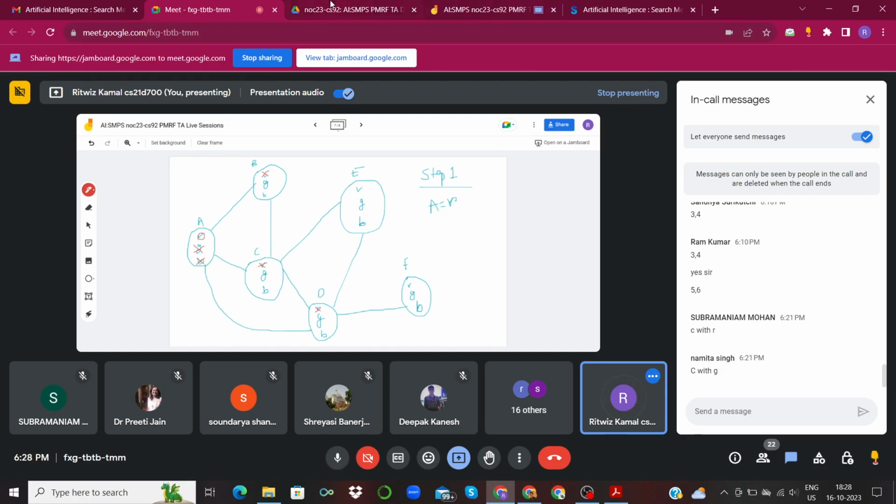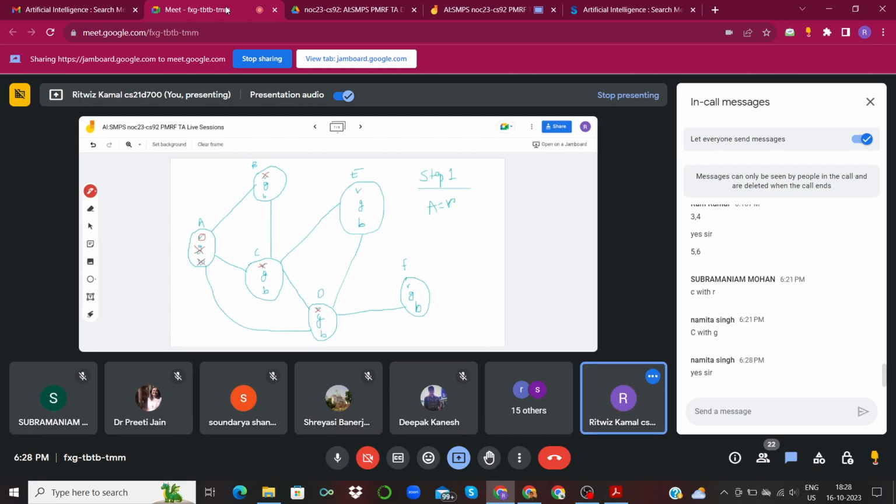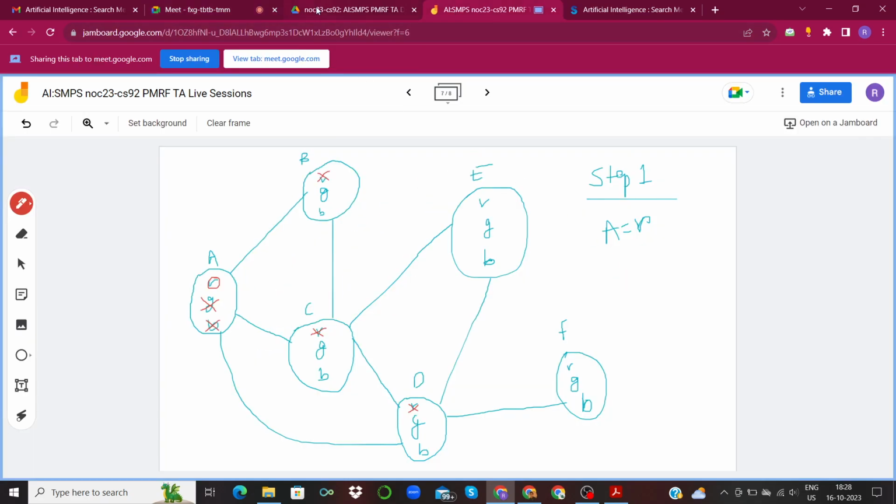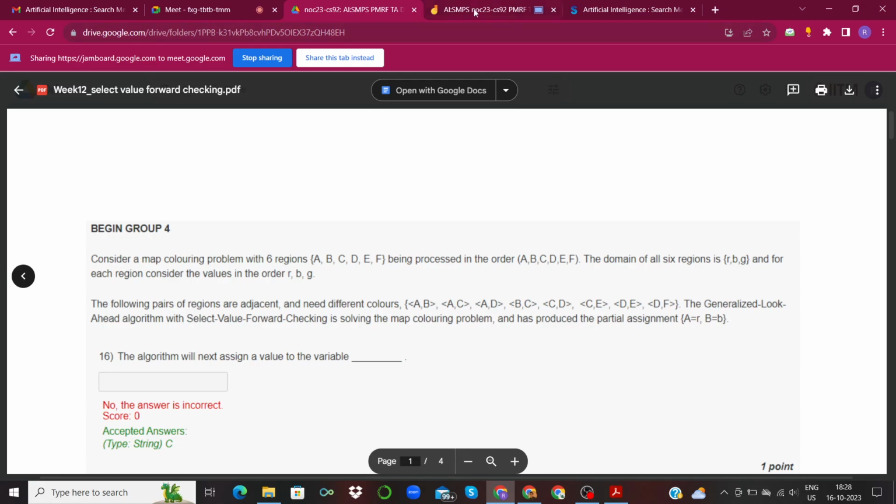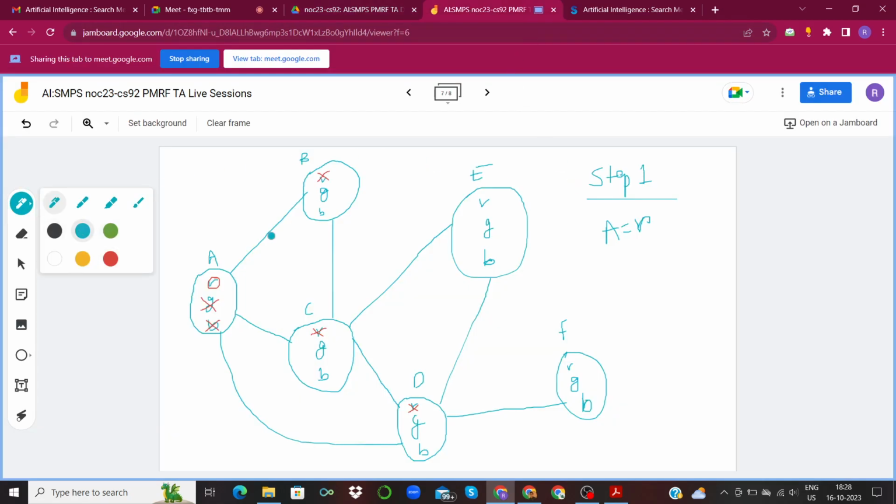Okay, so the next step is B is assigned B. So let's write that down. This is our step 2 now. So B is assigned B. So G becomes crossed out, and B becomes crossed out from C because B has been assigned B already, right?